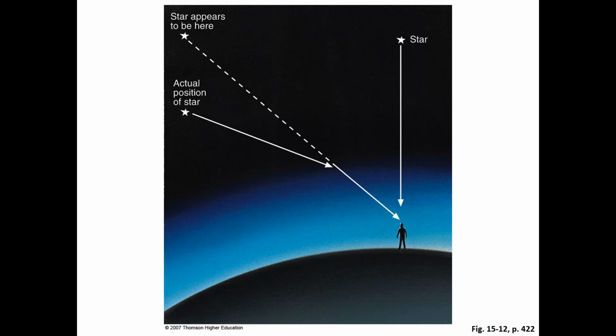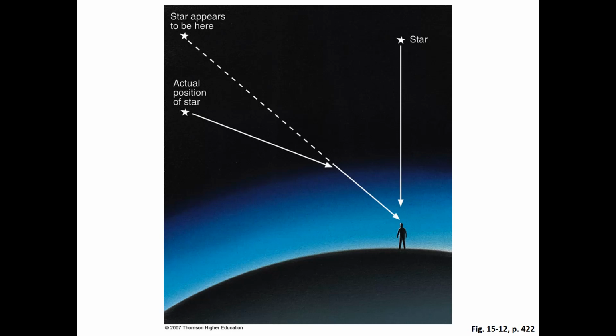So, the first mirage that you'll often see is when you're looking up into space. When you're looking up into space, you see all the different stars. Well, believe it or not, except for the stars that are directly above you right now, the light from all of those other stars had to enter the atmosphere at an angle.